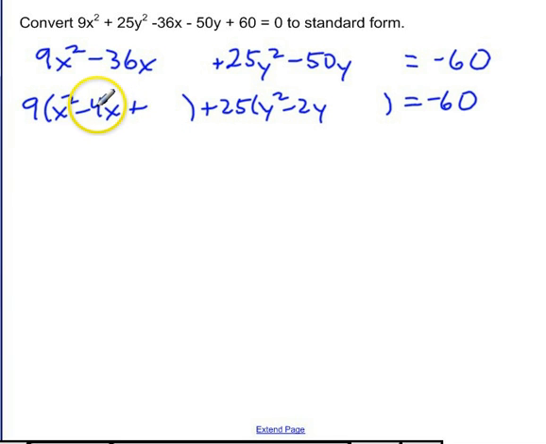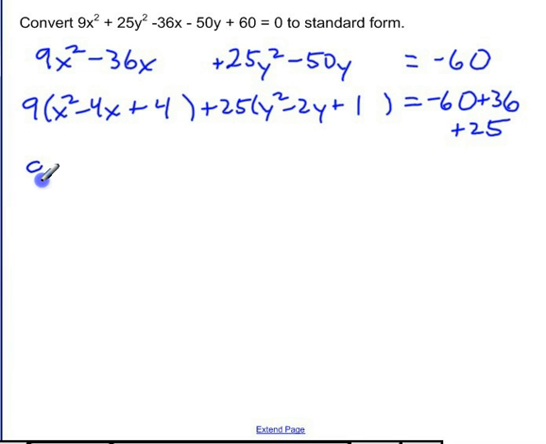I'm going to take half the middle term, which is 2, square it, which is 4. Now I'm really adding a 4 times 9 to both sides. Now I'm going to take half the middle term of the y's, which is 1, square it, and I'm adding a 1 times 25 to both sides.